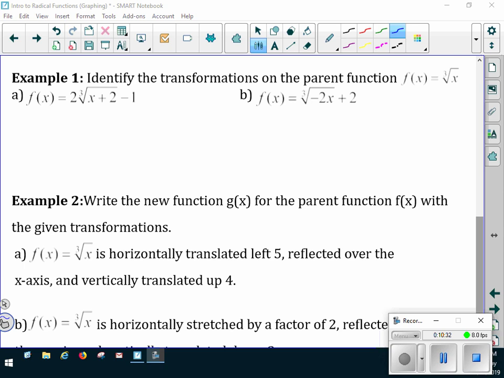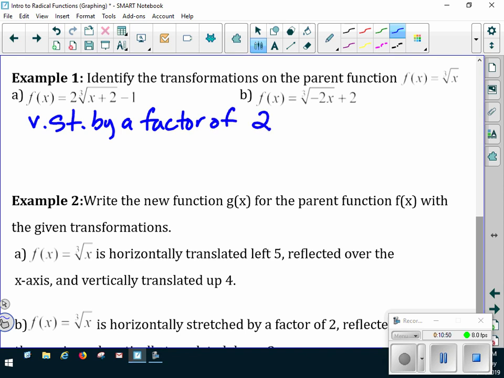Okay, I'm going to call on people because you've had time to work together. Ready? What's that 2 mean? Vertical stretch by a factor of 2. The 2 is a vertical stretch by a factor of 2. Left 2 and down 1. Okay, good.